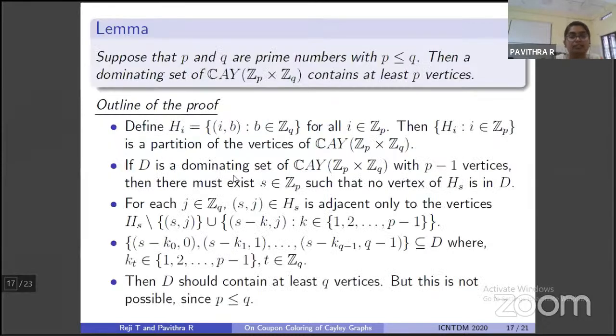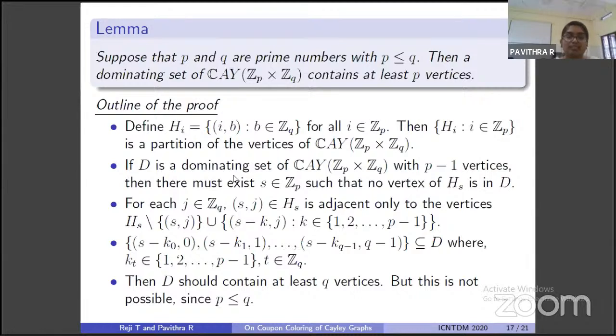Our main result is to find the exact coupon coloring number of Zn cross Zm, but we have so many restrictions, because finding a lower bound is comparatively easy: we need only to show that a k coupon coloring exists.